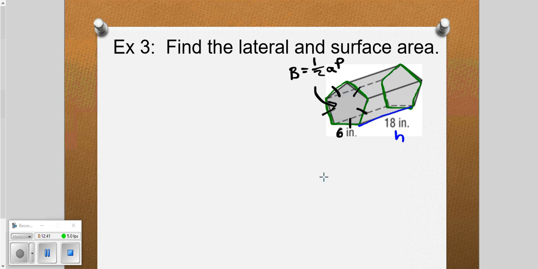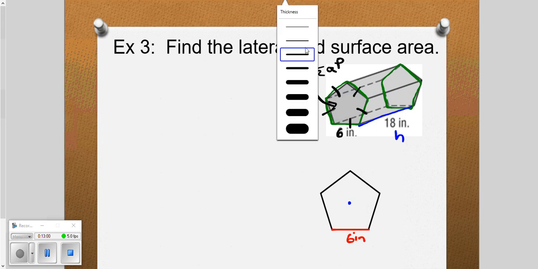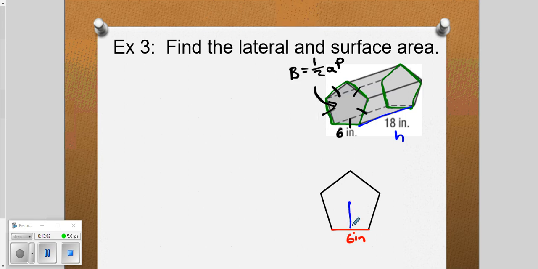So I'm going to, down here, redraw that pentagon, just to give myself some more space to work with. And the thing we knew from end to end was 6, and that's it. So what we did last unit was we drew in the apothem, which goes from the center, and then it goes straight down until it hits the side at a right angle.